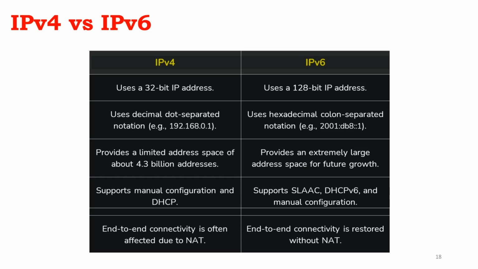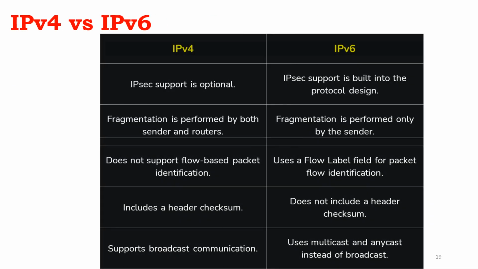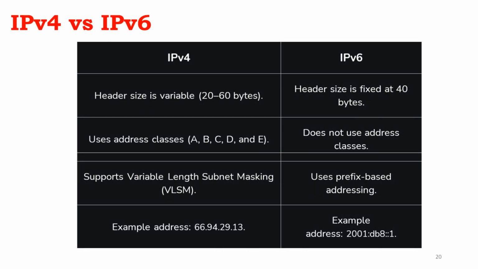IPv6 offers a vastly larger address space for future growth. IPv4 supports manual configuration and DHCP, while IPv6 supports SLAAC, DHCPv6, and manual configuration. IPv6 also improves end-to-end connectivity without relying on NAT.